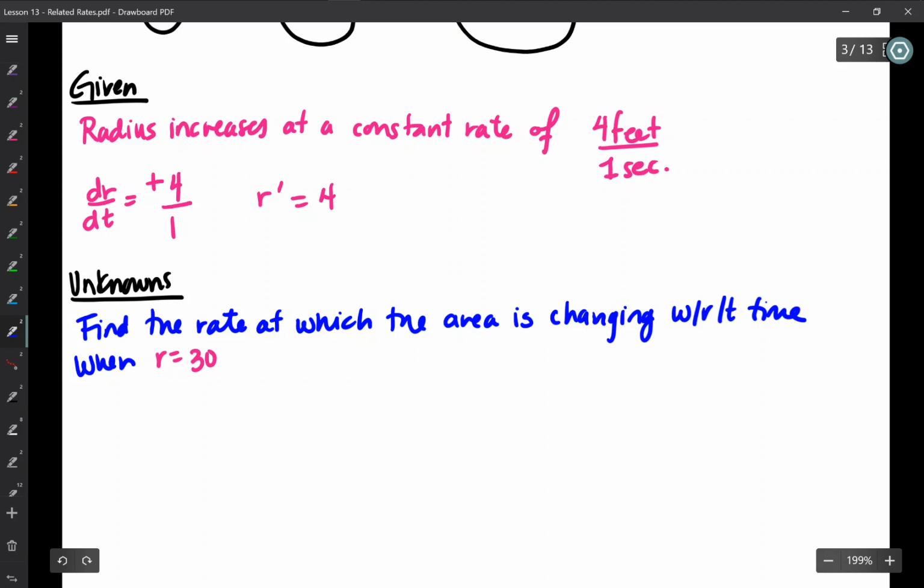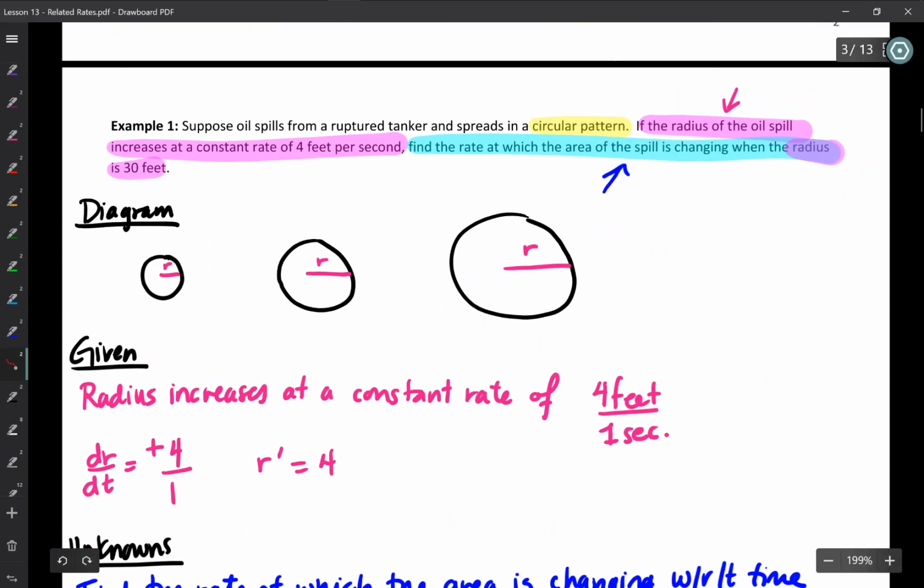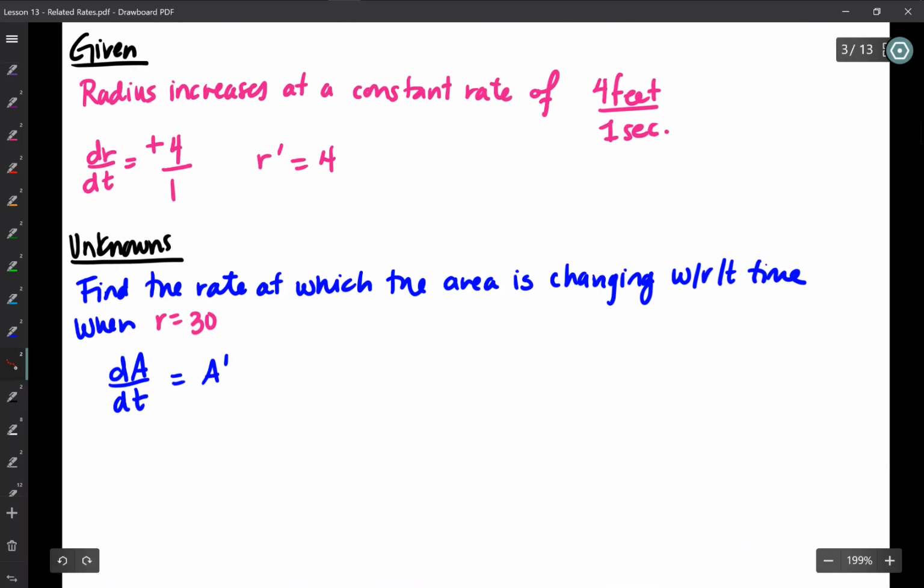If A is my area, what they've asked me to find is the rate at which area changes with respect to time, or if you prefer, A prime, at a particular moment in time when r is 30, when the radius is 30 feet. Now, one thing to keep in mind is because my radius keeps increasing, so does my area. So we're going to expect dA dt, or A prime, to be positive. Let's just write that note.